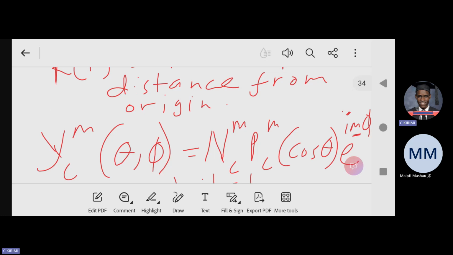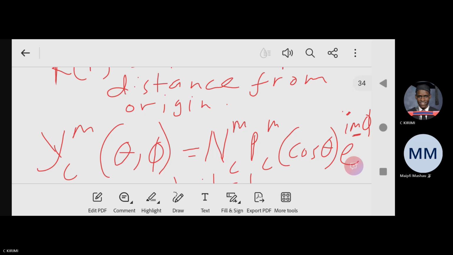Then the M is the one that is multiplying the phi at the end. So you check your equation and try to relate what that number M could be. We are still identifying our M, the magnetic quantum number.